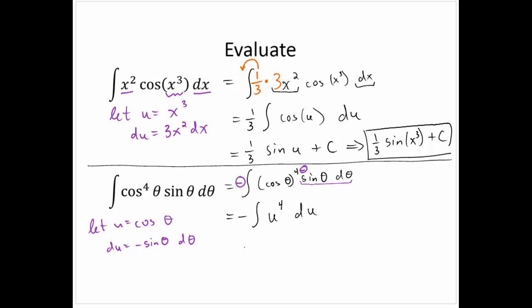The antiderivative of u to the 4th is 1/5 u to the 5th, so I have negative 1/5 u to the 5th plus a constant, and so I'll write negative 1/5 cosine 5th theta plus a constant.